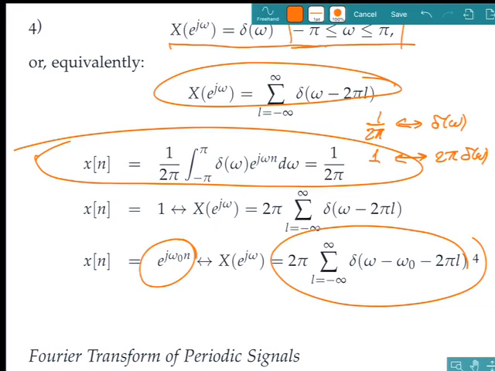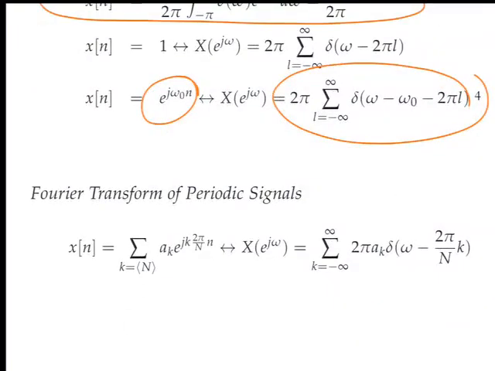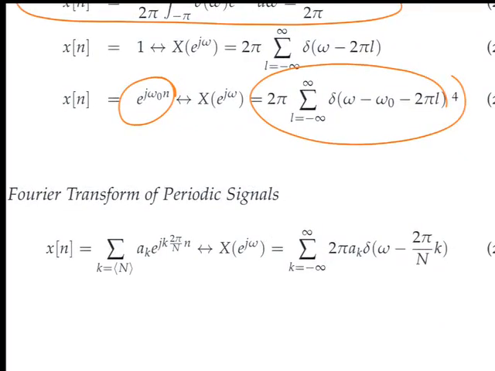So this resembles what we did in continuous time. And of course, again, if you take omega 0 to be 0, the function is 1, and this is an impulse centered at 0, which recovers the previous example. So doing this, we can define the Fourier transform for periodic signals the same way we did for the continuous time case. So the Fourier series coefficients get multiplied by 2 pi, and then they become deltas.